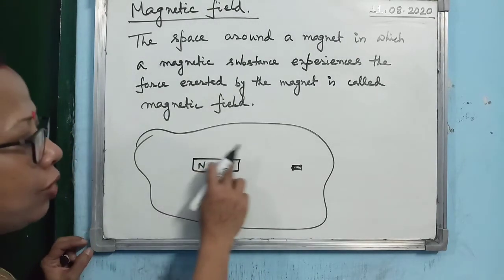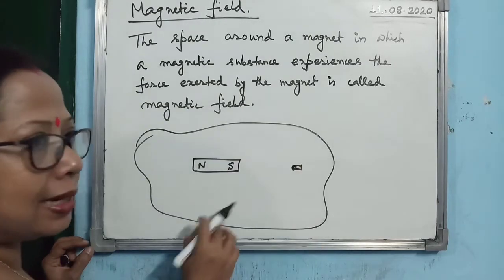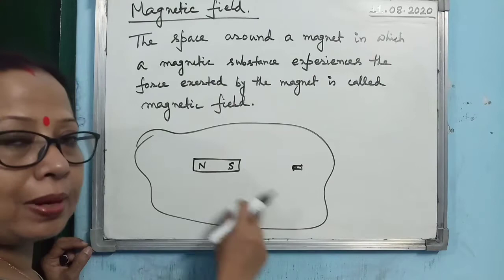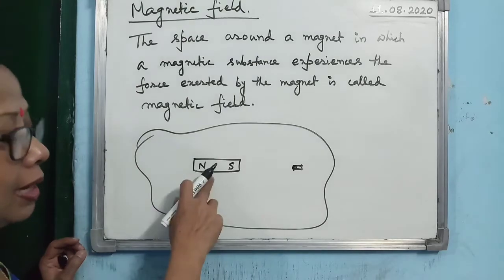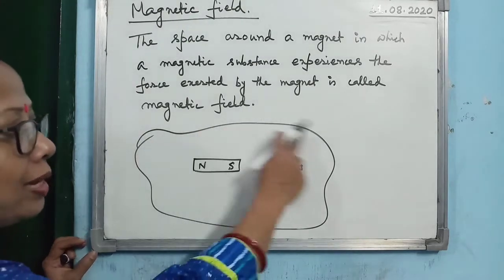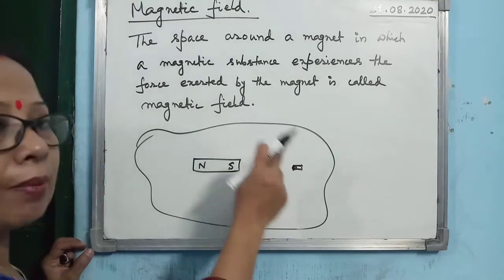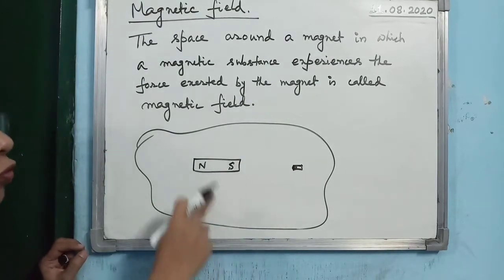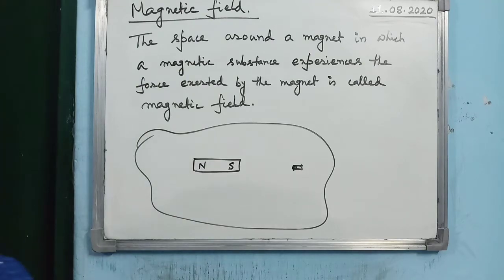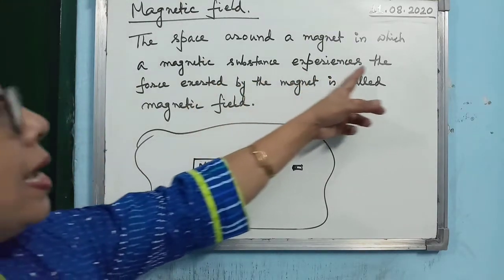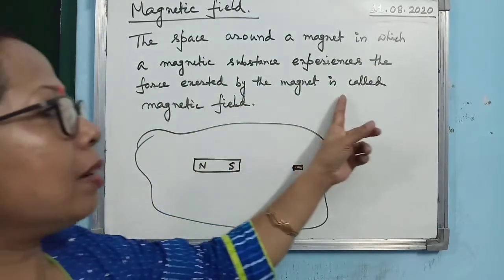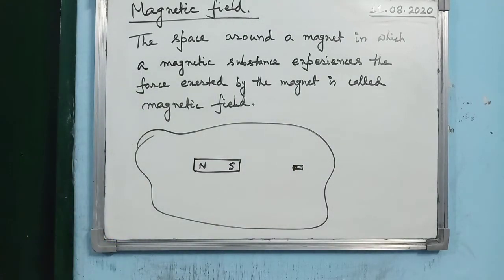Even at a certain distance from the magnet, the iron bar or the magnetic substance can experience the attraction exerted by the magnet. So that region where a magnetic substance experiences the force exerted by the magnet is known as the magnetic field of the magnet. So what is the definition of the magnetic field? The space around a magnet in which a magnetic substance experiences the force exerted by the magnet is known as the magnetic field.